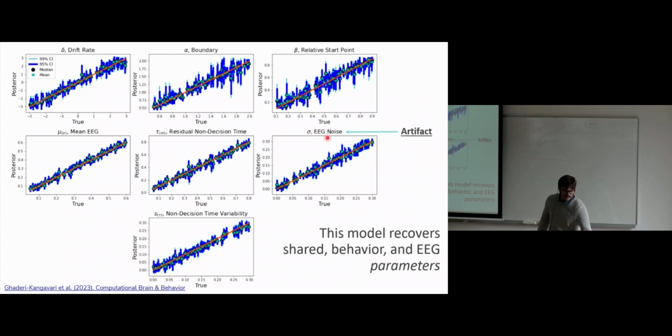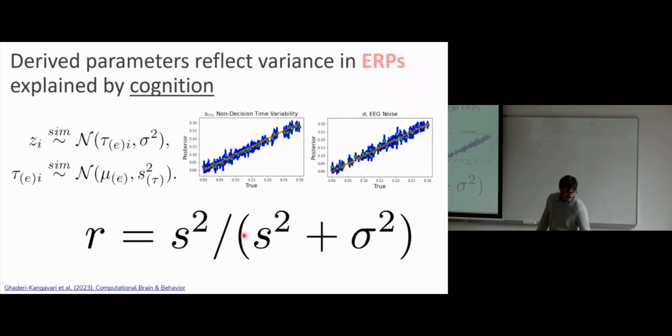And also I'm well estimating my noise in my EEG, and I'm well estimating, in this case, the non-decision time variability. So this is the amount of variability in my single trial EEG measure due to cognition, and this is the amount due to everything else, right? And what I can also do is just put this in equations.